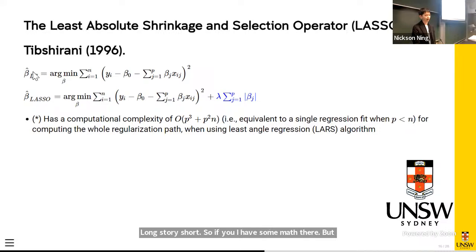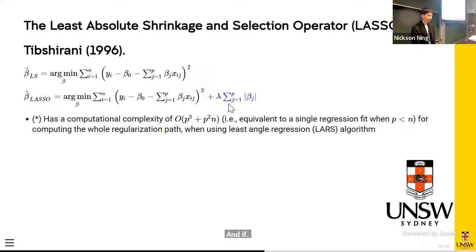This first line here is just the definition of the usual least squares estimator. And Tibshirani, one day, was like, let's add a penalty to this least squares objective function. If you add this penalty, it turns out that the corresponding lasso estimator, which I call beta hat lasso, will select some of those estimates to be exactly 0.